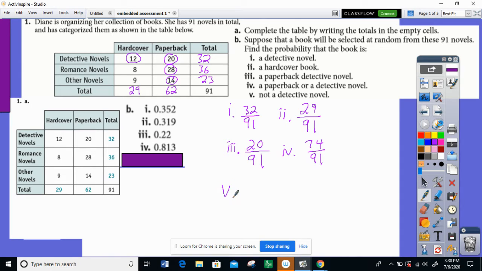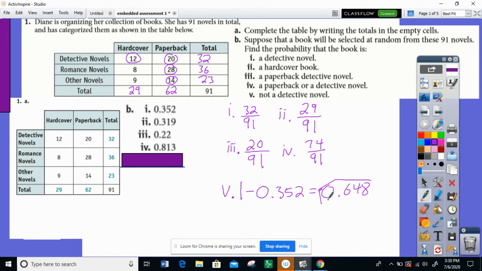And then lastly, number 5 is asking us for the probability that we do not have a detective novel. So that would be 1 minus the probability that we do have a detective novel, which we saw from number 1 was 0.352, which as a decimal comes out to be 0.648.